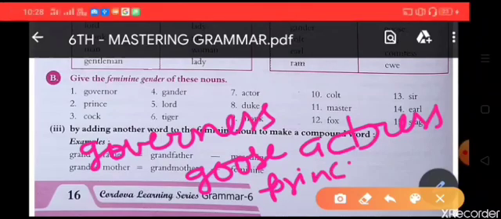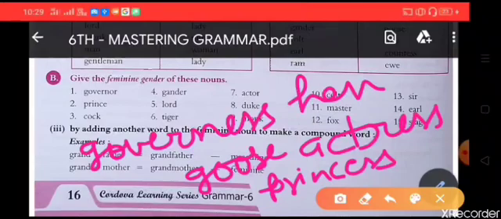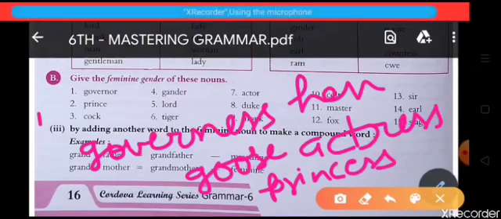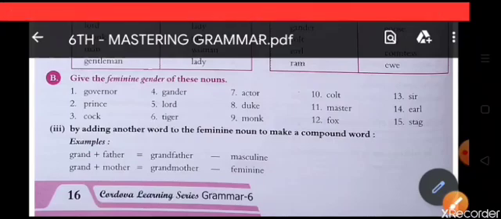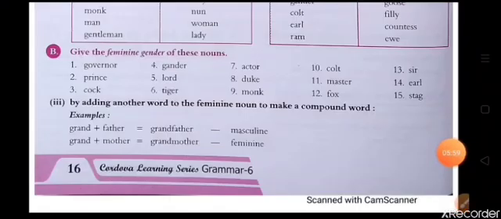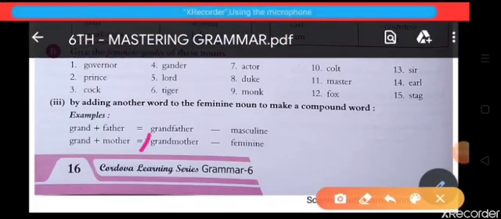Prince, princess. Cock, hen. Lord, lady.